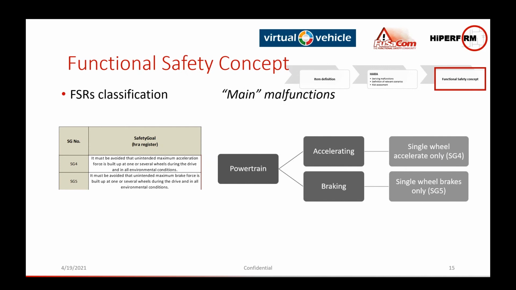So you have to be really conscious about the architecture of the powertrain. And that's why these two safety goals are really important for us within this context of the project. And as well, because it has the influence on the torque vectoring and so on. So these are, let's say, the main safety goals, or the relevant ones that interest us.